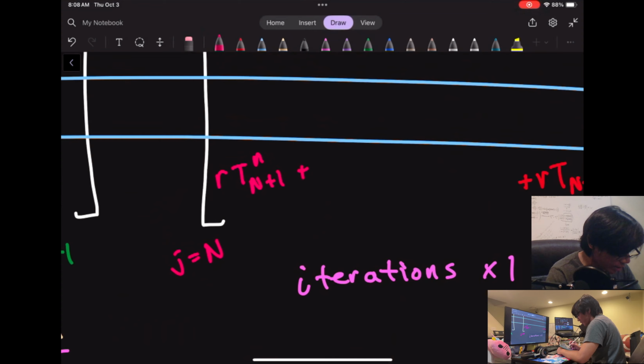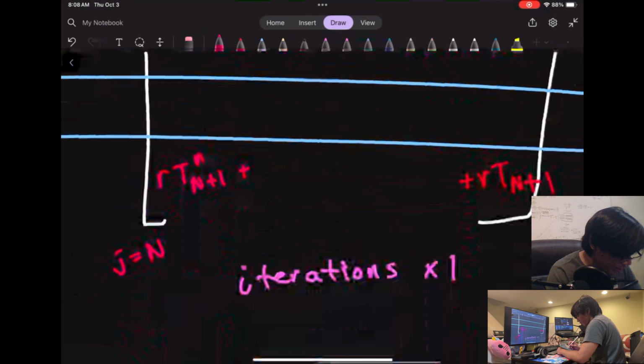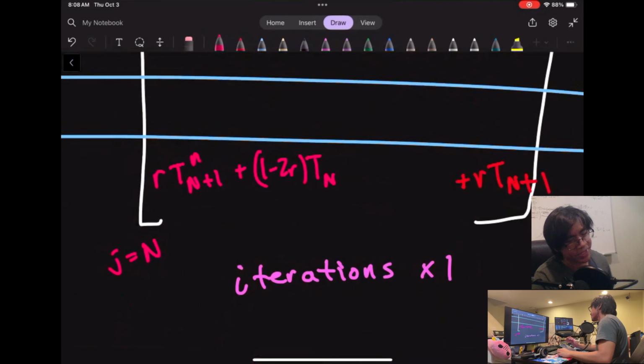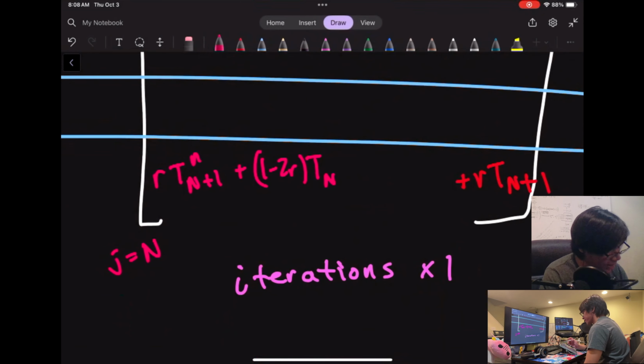So now we're adding a 1 minus 2r coefficient to our current time period, which is our current position, which we index at n, so it's just n. And then we add our previous position, which is just n minus 1 at n.